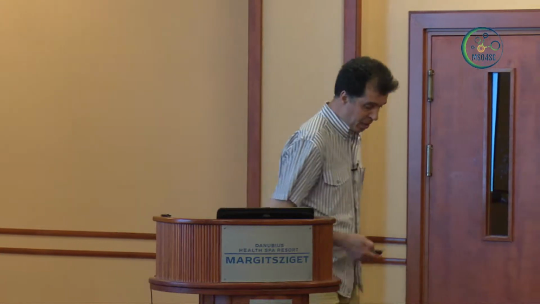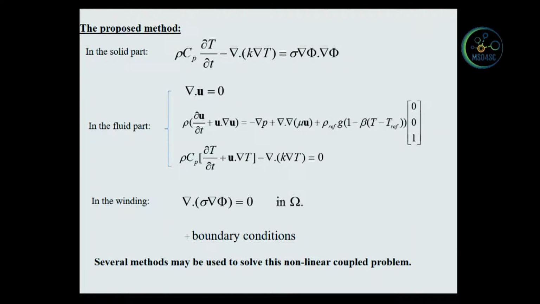Now, the proposed or planned model to solve the thermal problem in our case looks like that. In part, this equation in the solid part, these equations in the fluid part, and in the winding, we have to solve that to calculate the losses.